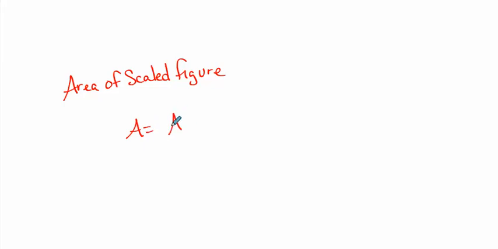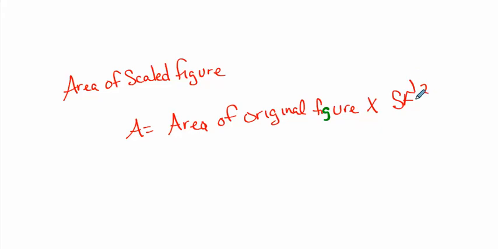So to find the area of a scaled figure, the formula would be: the area would equal the area of the original figure times the scale factor squared, or to the second power.